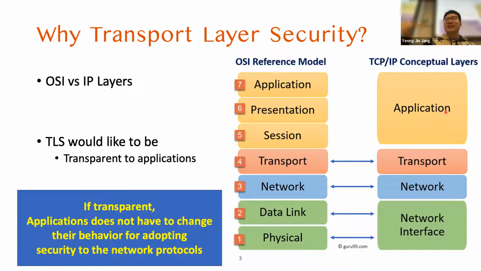When engineers designed transport layer security, they wanted to make it transparent to the application, so it requires minimal change. It is not in the application layer; it sits between the transport and the application layer. That's why we call it transport layer security.